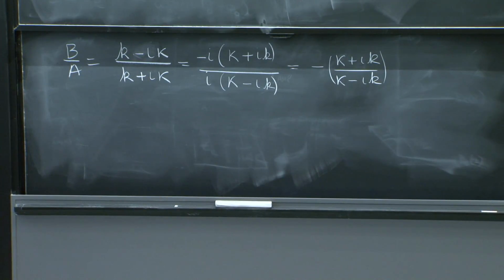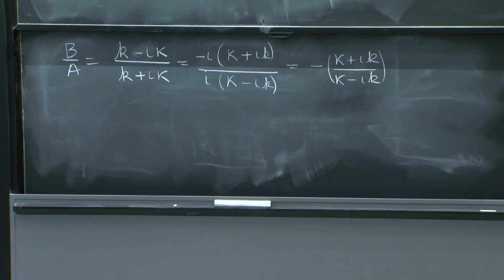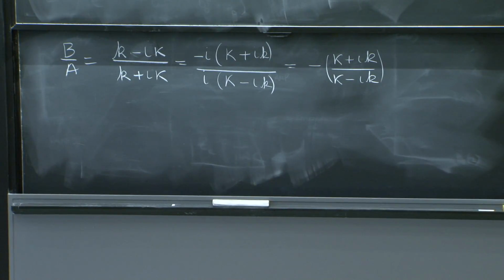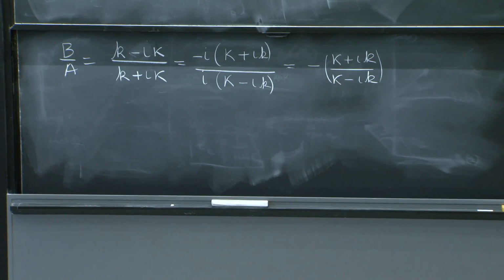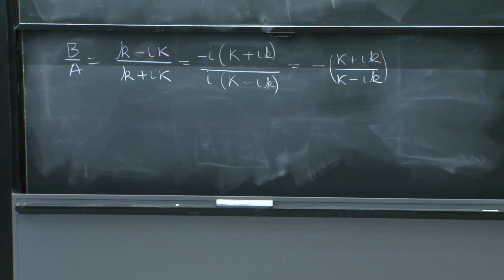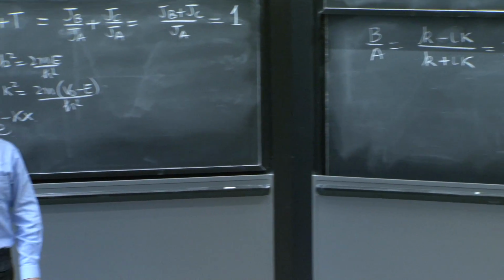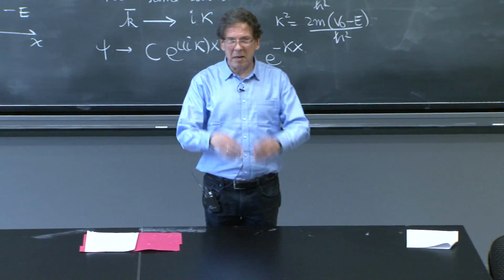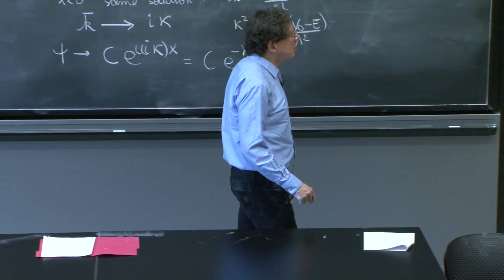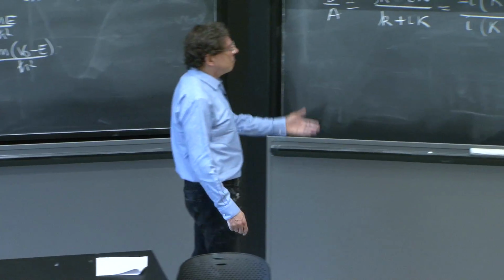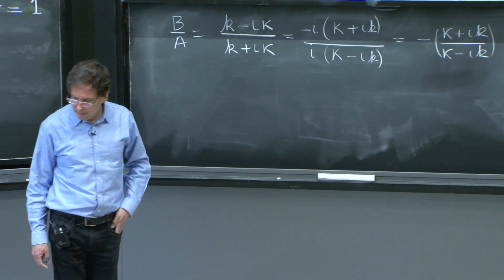But when you see that ratio, you're seeing the ratio of two complex numbers of equal length. And therefore, that ratio is just a phase. It's not any magnitude. So this is just a phase, and it deserves a new name.